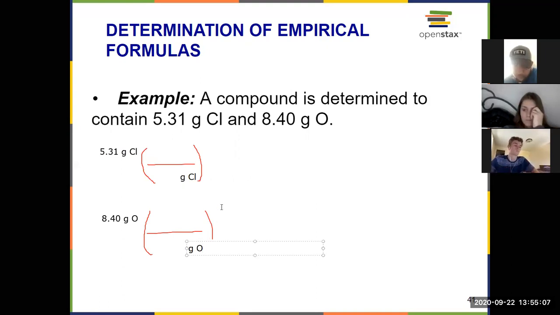I use their respective atomic masses from the periodic table. So that rounds to 16 for oxygen, 15.999, and chlorine is 35.45. And that is the atomic mass, so that's grams in 1 mole of each of those.